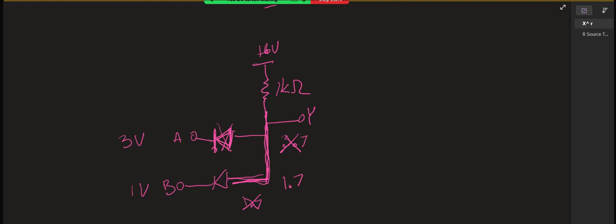Okay. Let's try one from your homework. Can you do the one with the op amp and the potentiometer? Do you all want that one or not?